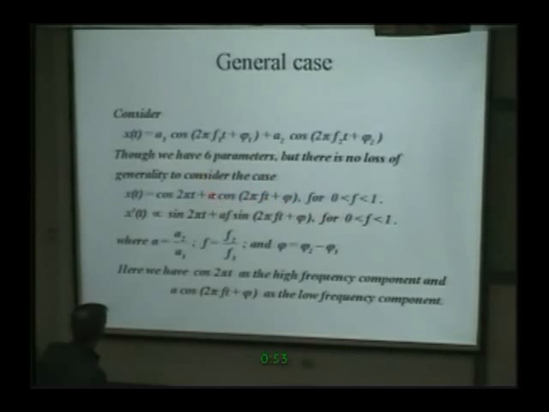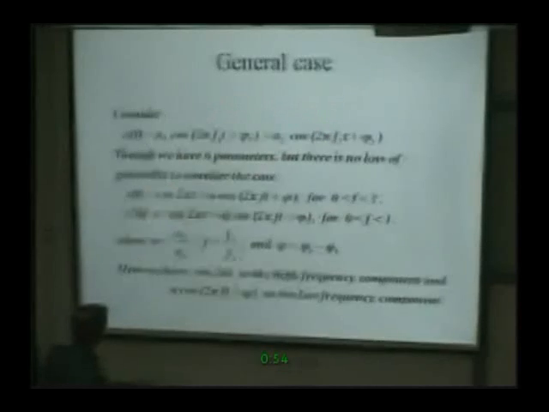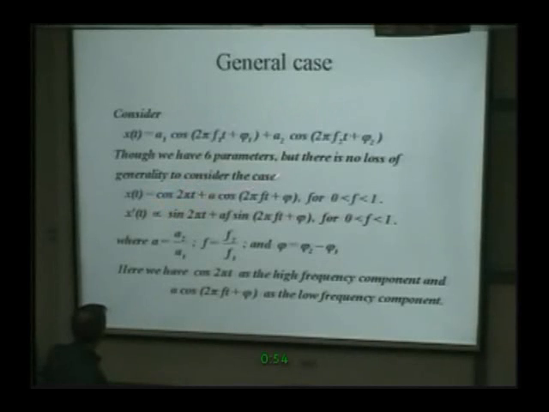A is the amplitude; in a way it is the ratio of the two. So he normalized the high frequency to be 1, and took the second frequency to be a lower frequency. So this F is between 0 and 1.